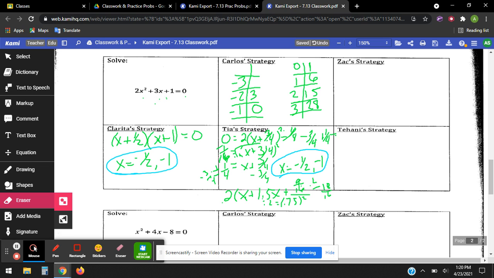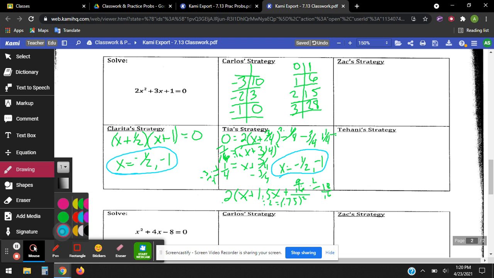And then if I do a negative 3, that's 18 minus 9, which is 9 plus 1, which is 10. Okay. So Carlos's way is not super helpful on this one because we end up with nothing that's really what we want. We don't have a vertex in there.